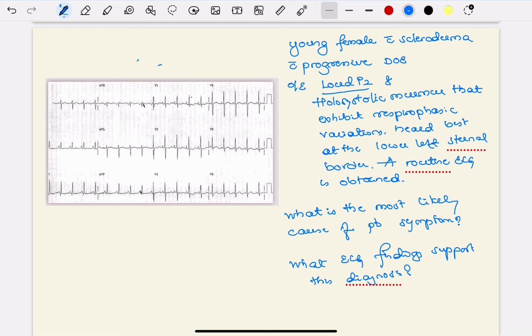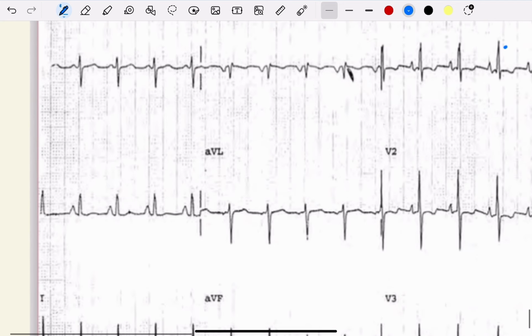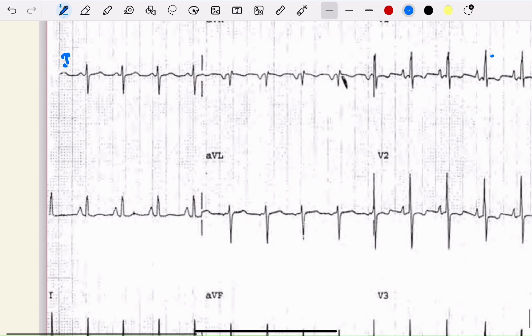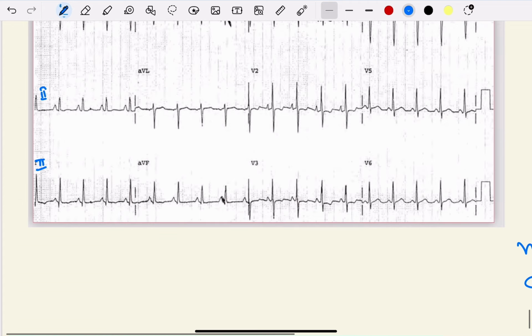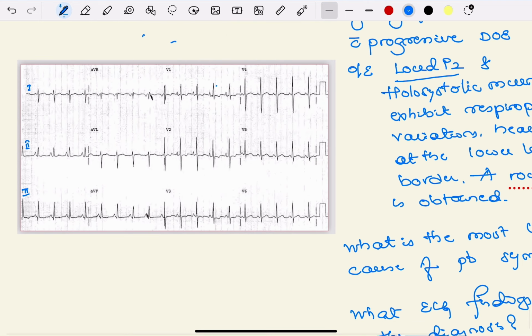So let us look at the ECG. This is lead 1, 2 and this is 3. First, assuming that it is taken in proper standardization, let us look at the rhythm first. In any ECG you have to comment on rhythm first.